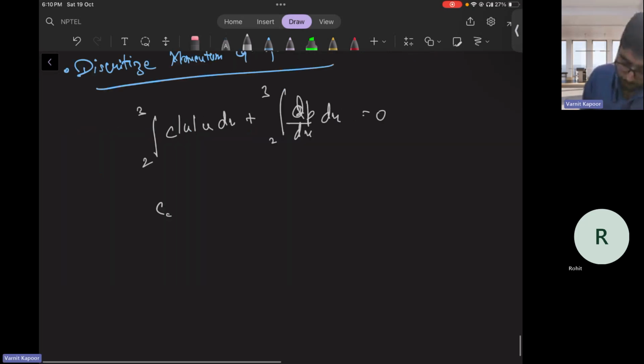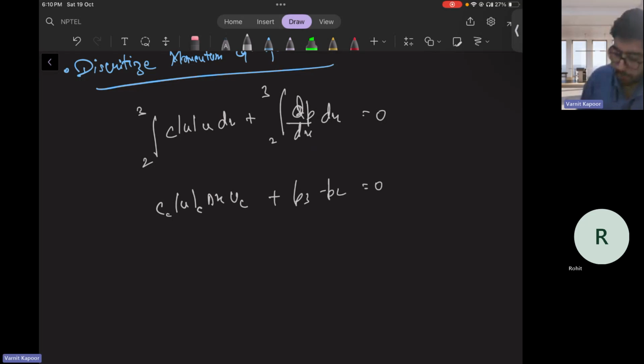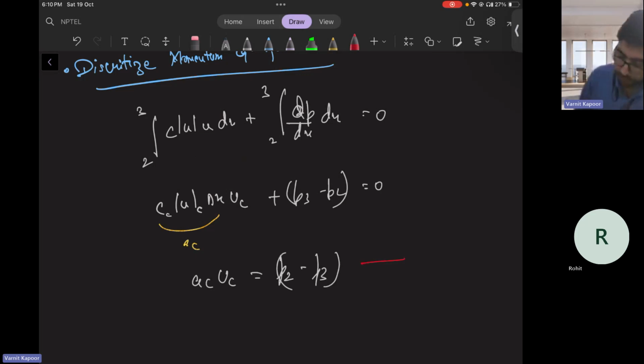So the equation will be CC QC del x QC plus P3 minus P2 equal to 0. This can be written as AC UC is equal to P2 minus P3. We can write this equation as number 3.